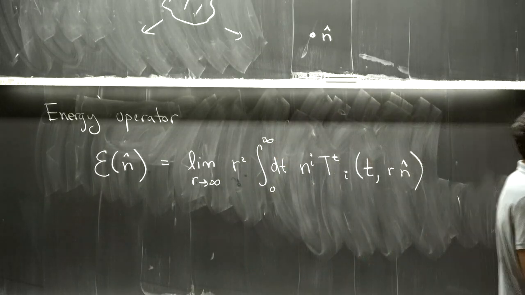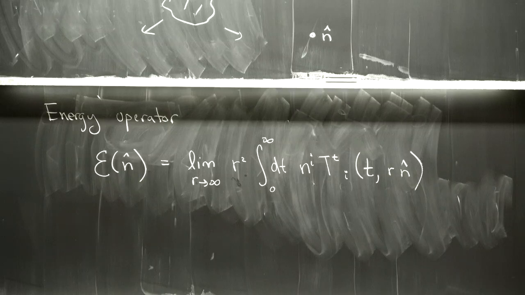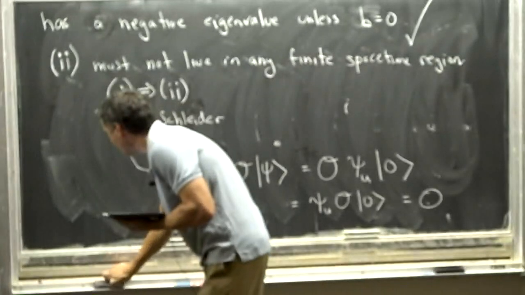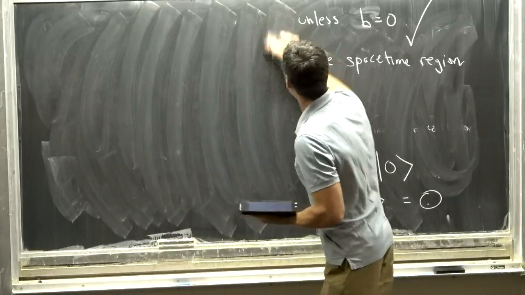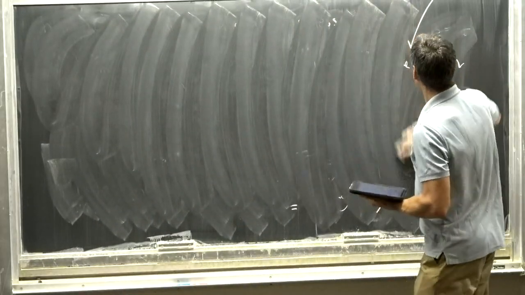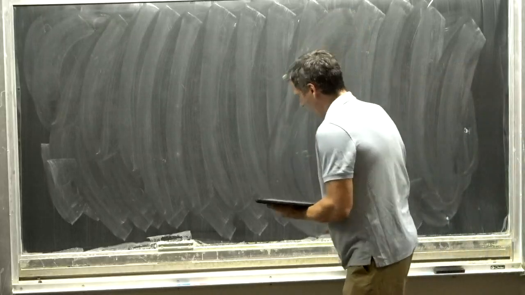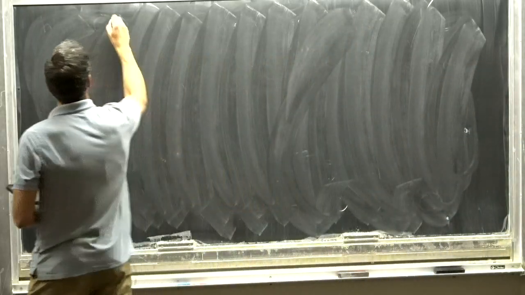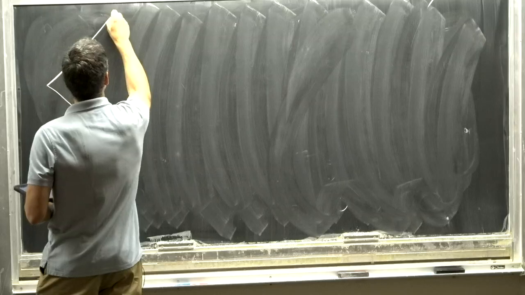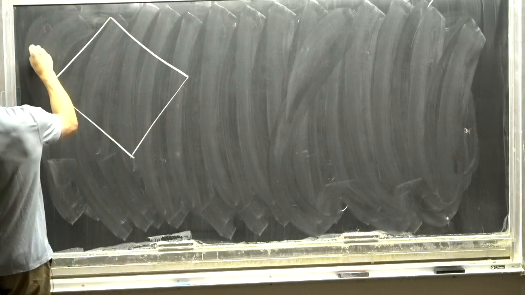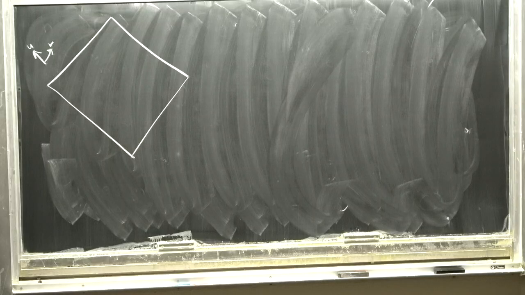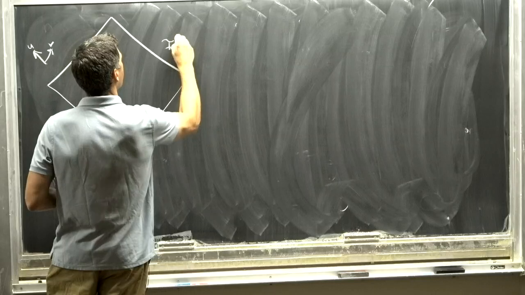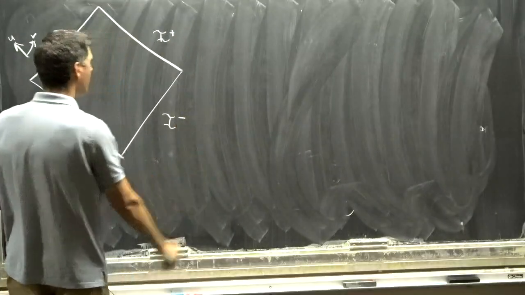If we draw a picture of what's happening in Minkowski space, I'm going to draw Minkowski as a diamond, where these are our u and v directions, but this is a conformal diagram where I've squashed in infinity. So we have scri plus up here, scri minus down there.